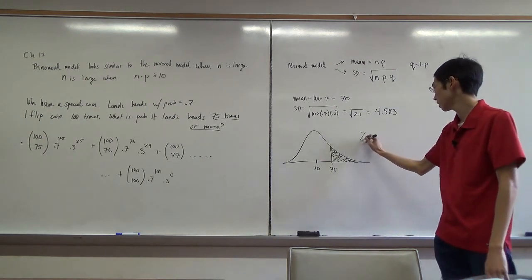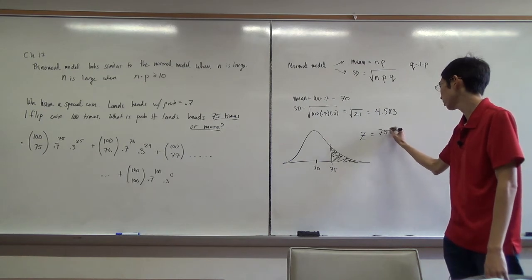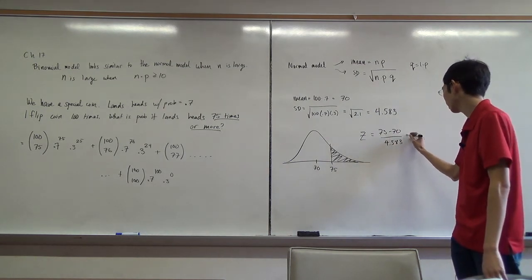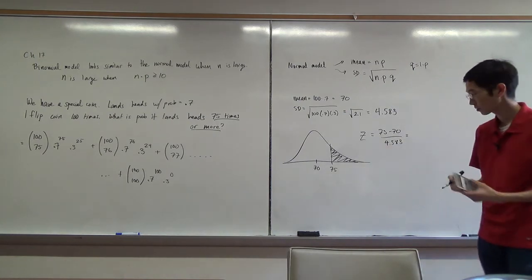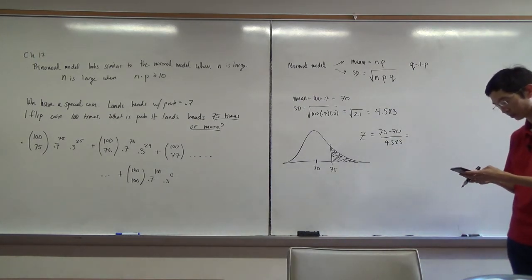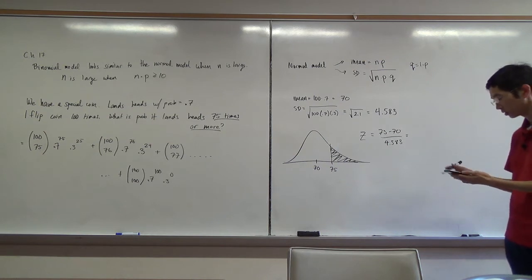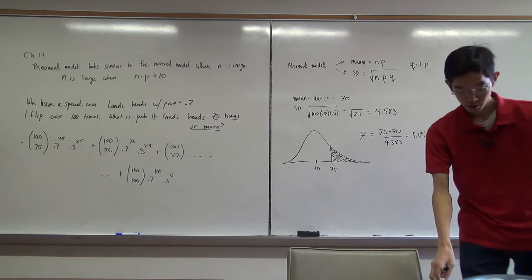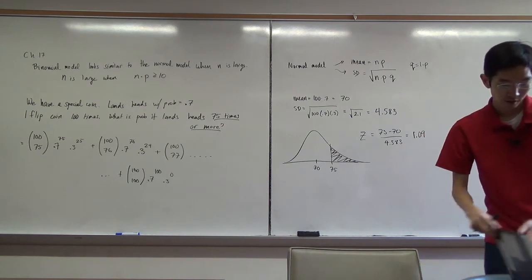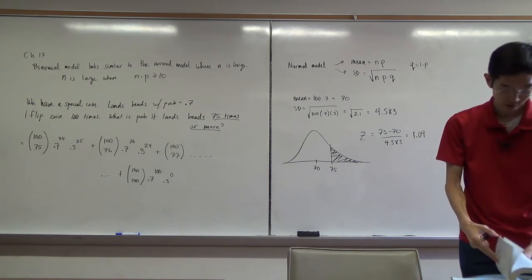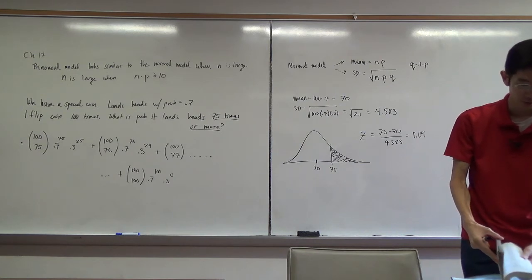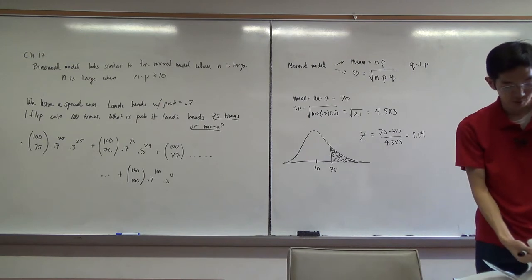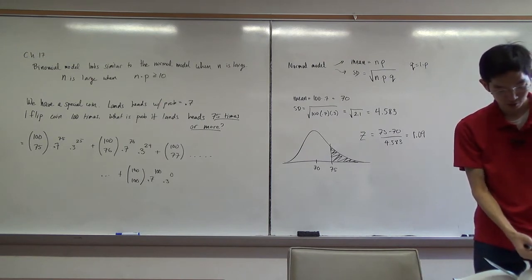Alright, so I do z is equal to 75 minus 70 divided by 4.583. And what do I get? 1.09. I look that up. I can look up the area to the left of negative 1.09, or the area to the left of positive 1.09 and subtract that from 1.